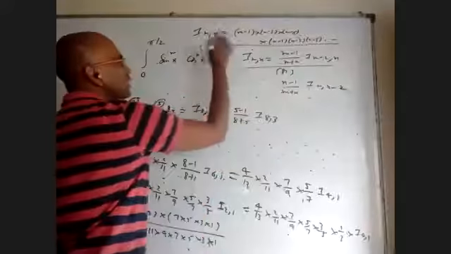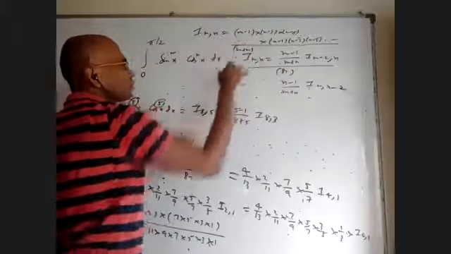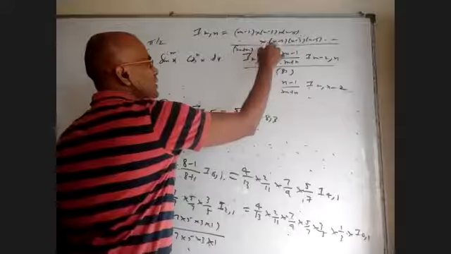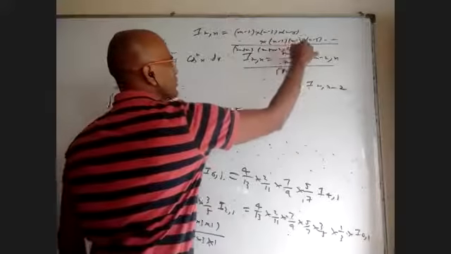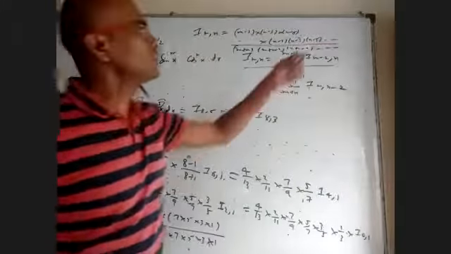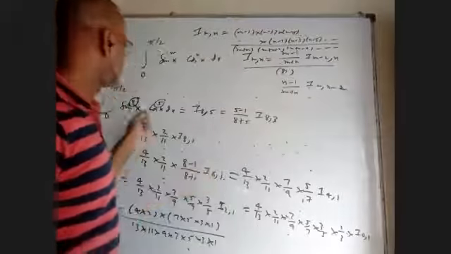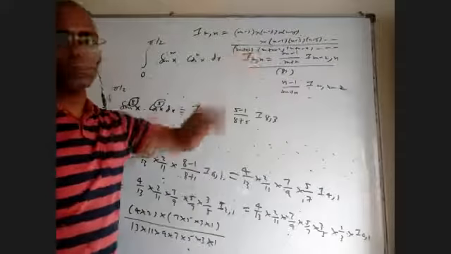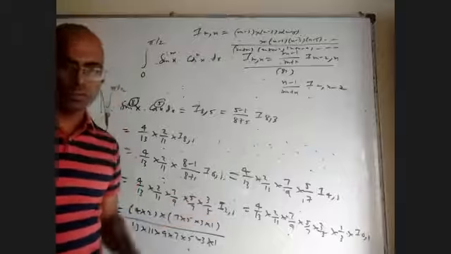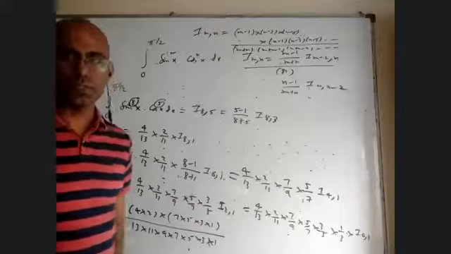Coming down, I can write m plus n, first the sum of these two, then keep on decreasing to m plus n minus 2, m plus n minus 4, till you get the last natural number. Into pi by 2, you have to write when both are even. Every other time, if both are odd or at least one of them is odd, you have to write into 1 only. Okay, that is the final formula, easy to remember.